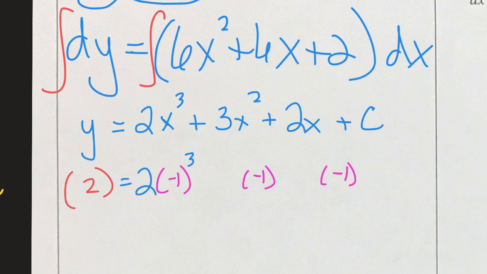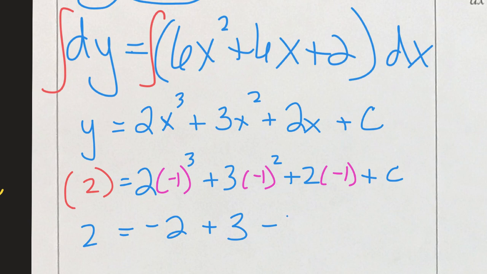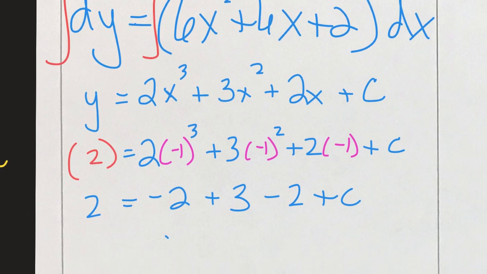So 2 times -1 cubed plus 3 times -1 squared plus 2 times -1 plus c. So it turns into a fairly nice, or maybe it's not nice, you can decide whether or not it's niceness. Let's see. -2 and 3 is 1, minus 2 is -1, so we have a c value of 3.